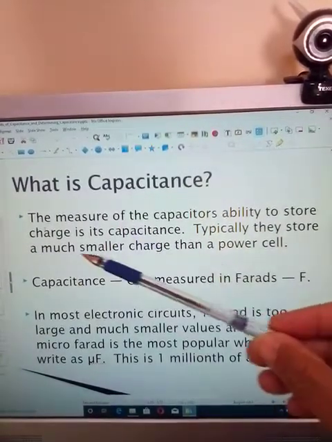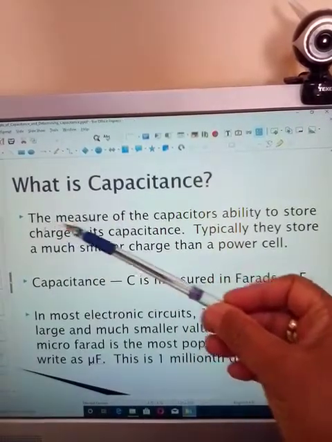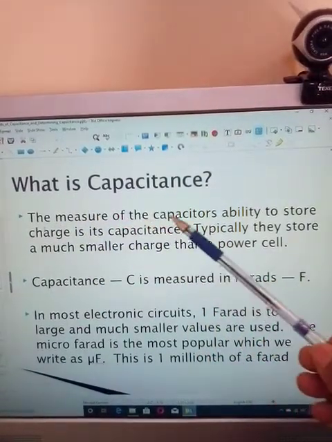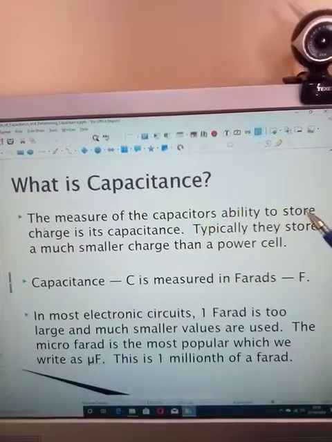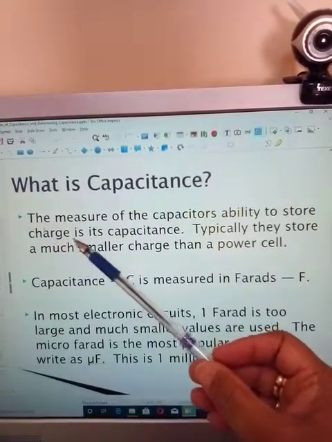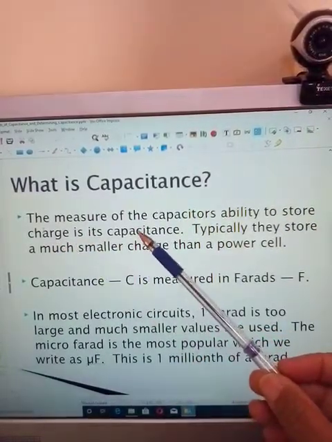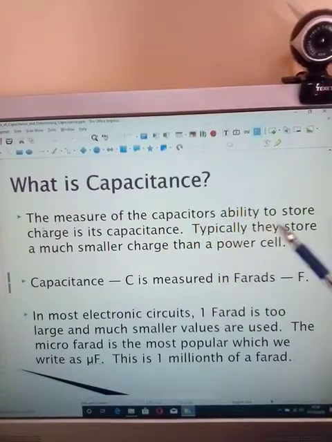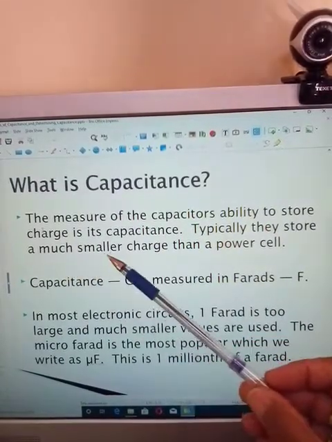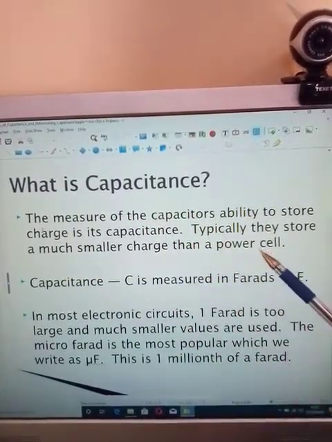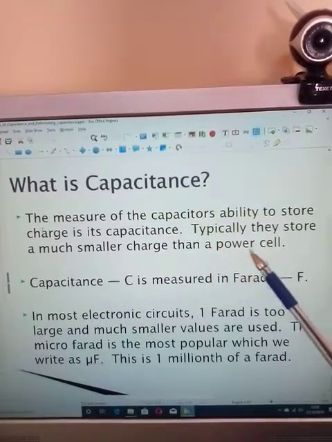Now, what is capacitance? The measure of the capacitor's ability to store charge is its capacitance. Typically, they store a much smaller charge than a power cell. Not quite.